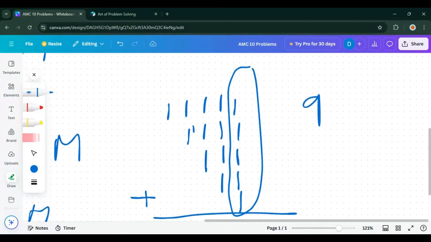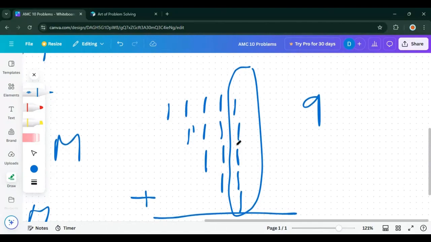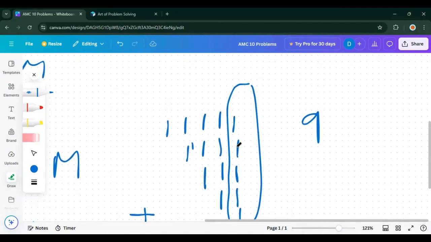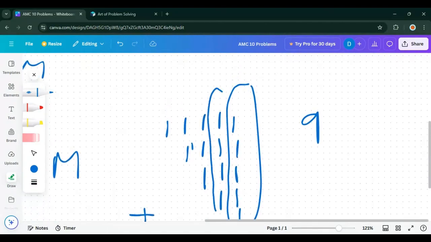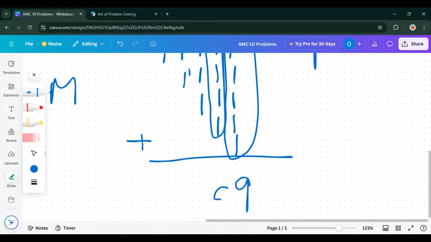Okay. And for those of you that haven't watched this channel, we use unit digits here. We don't use ones digits, to be more formal. And continuing on the problem, we have 8 tens digits, 8 ones in the tens digit. And if we add that together, we have 8.